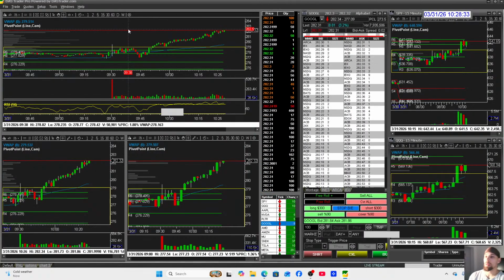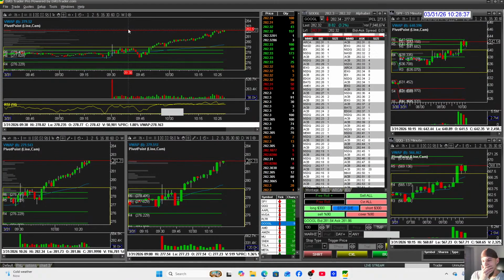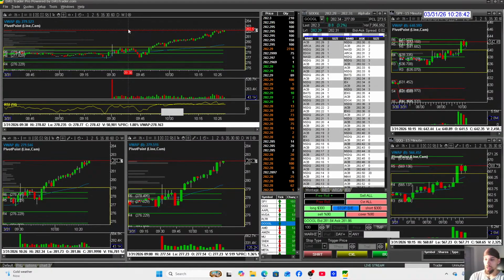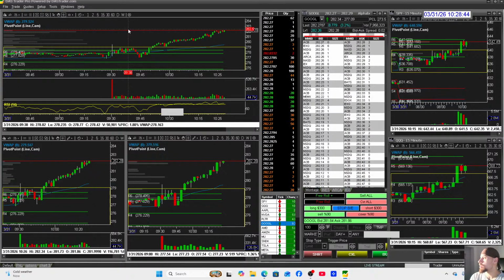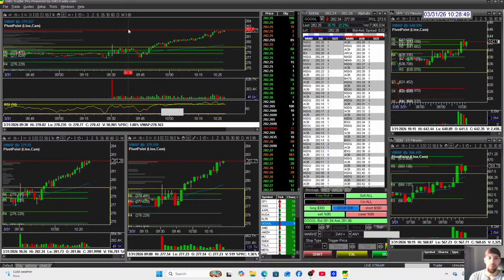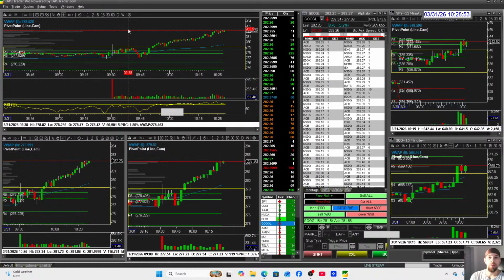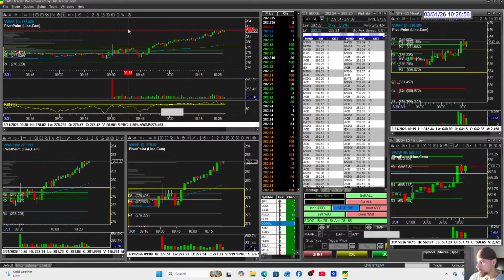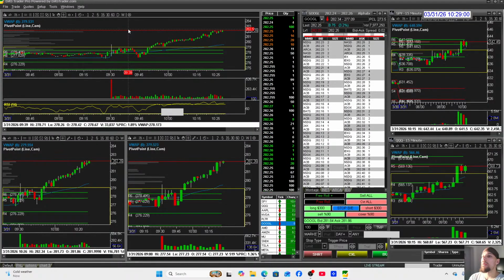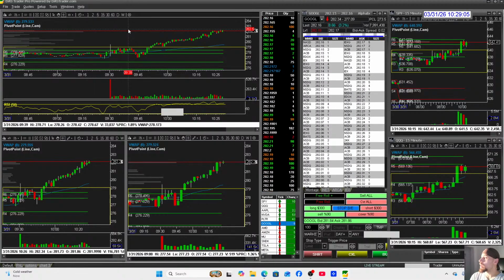SPY and Qs looking to keep moving up here, testing R6. Excuse me, R6 on SPY, R5 on Qs. Google not showing any signs of turning around just yet. I do have my eye on AMD.